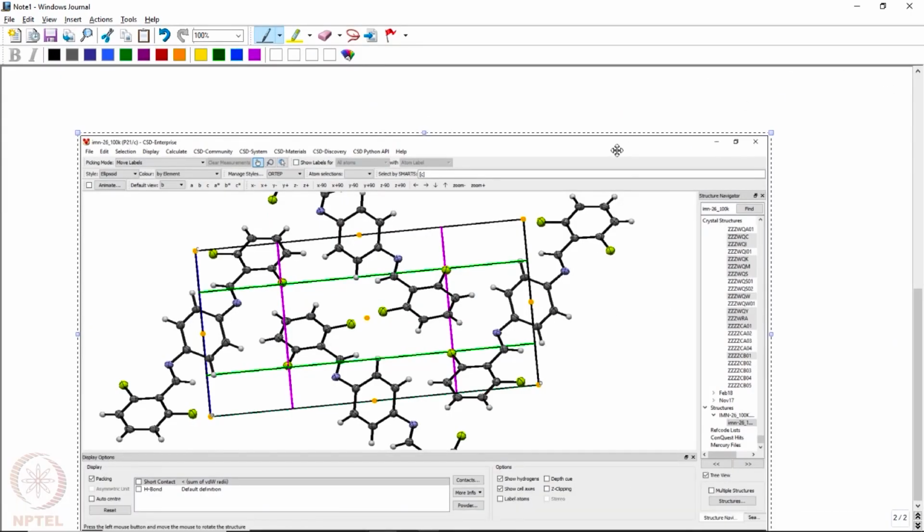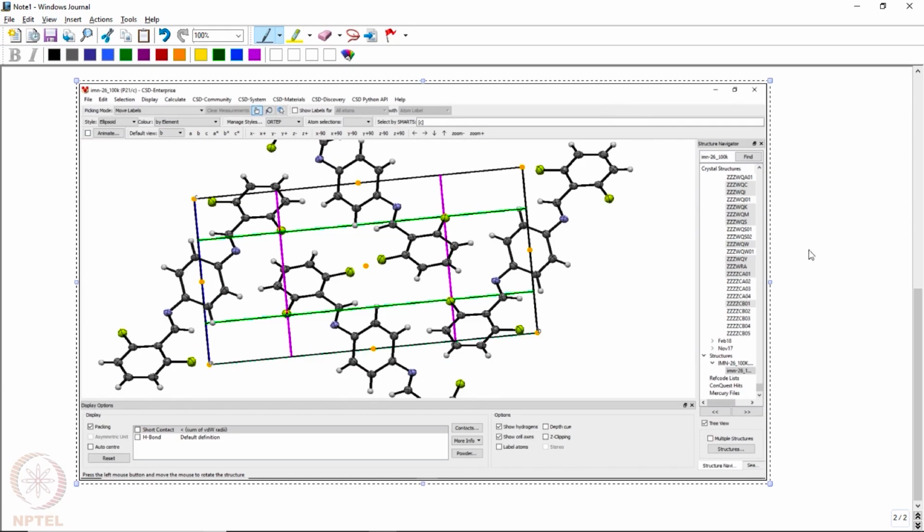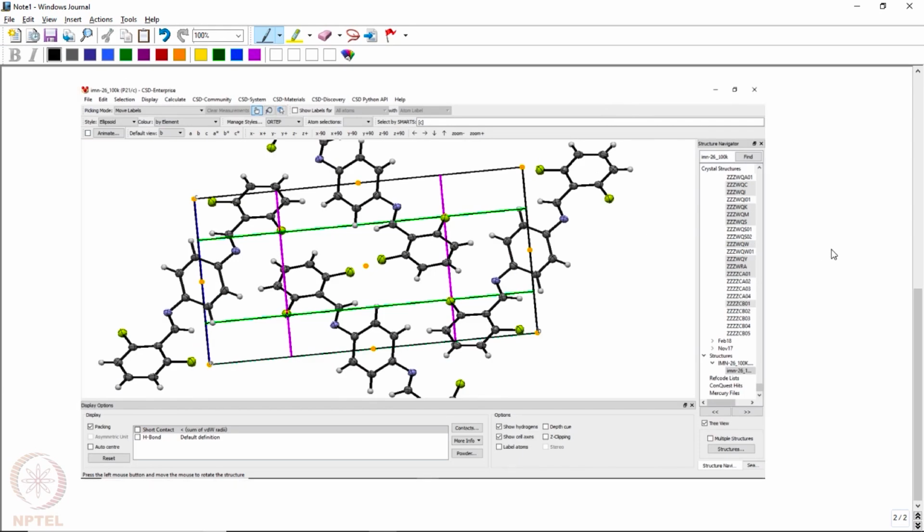So this is just the screenshot that I have pasted here so that I can write where the origin is, this is the origin. These green ones are 2-1 screws and the purple indicates the C glide.